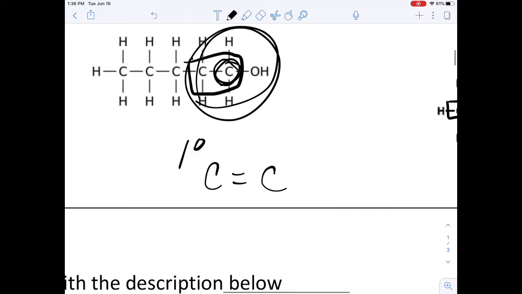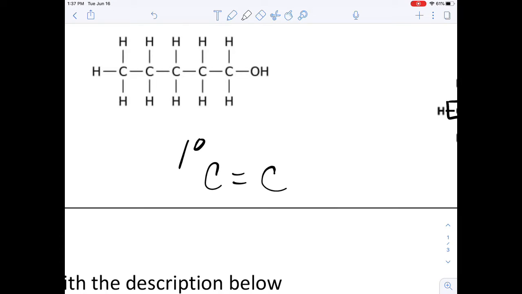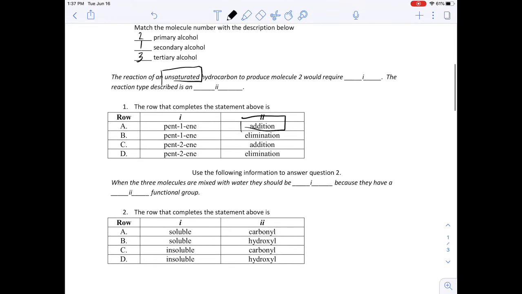If I want to put the hydroxyl in this space here, I'm going to want it to occur in here. So I need that to be where I have my double bond, and it would be a pent-1-ene.